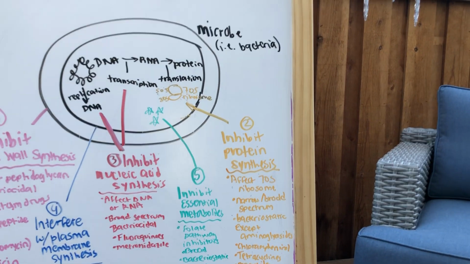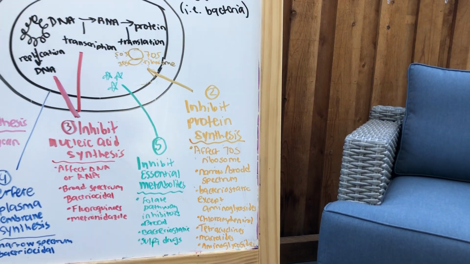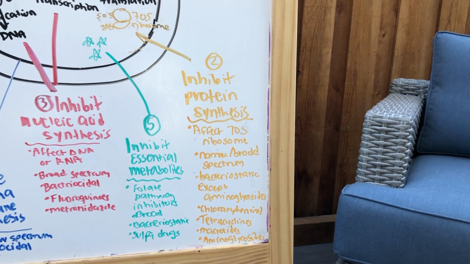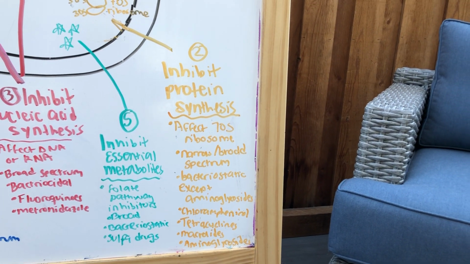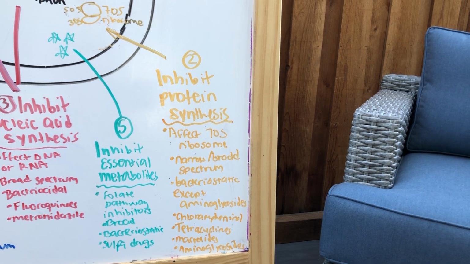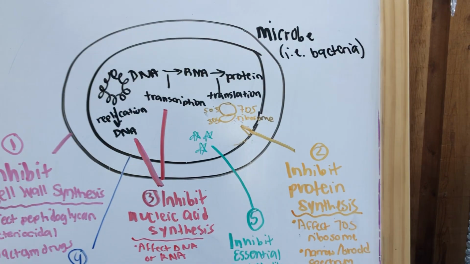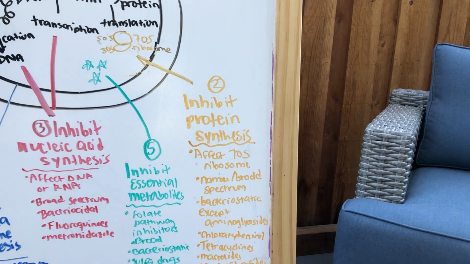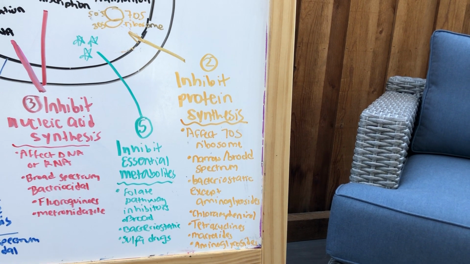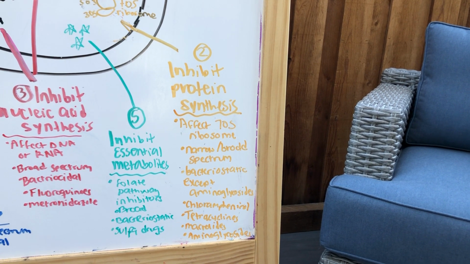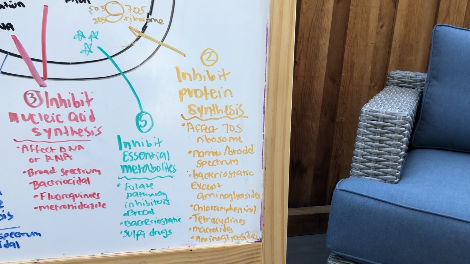Okay. Next class of drugs, some drugs work by inhibiting protein synthesis. We learned in class all about how cells make protein. Remember, to make protein, we go through transcription and then translation. With translation, one of the most important components involved are ribosomes. We learned that ribosomes make protein.